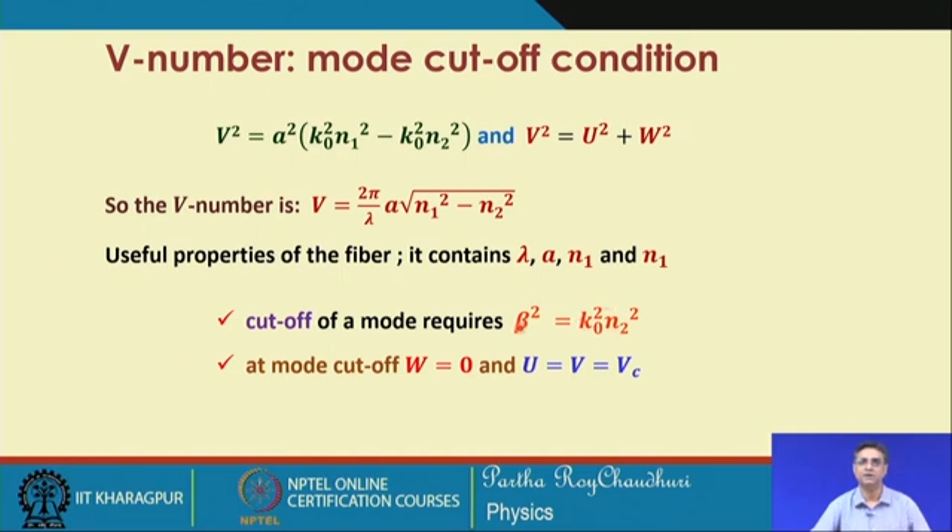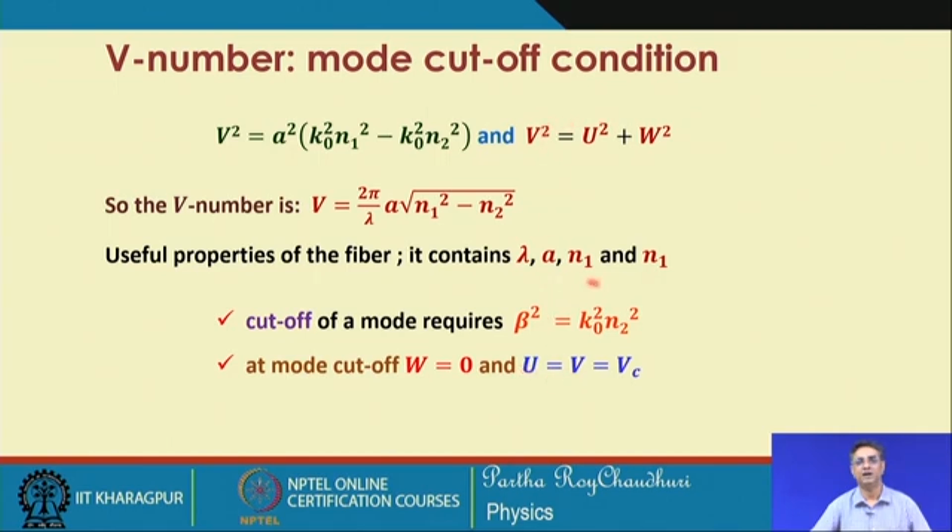But if this beta is equal to k0 n2, if it so happens, then looking at the definition of W, this W becomes 0, because W square is beta square minus k0 square n2 square, which is equal to 0. As a result, if W equal to 0, then V and U, they are equal.